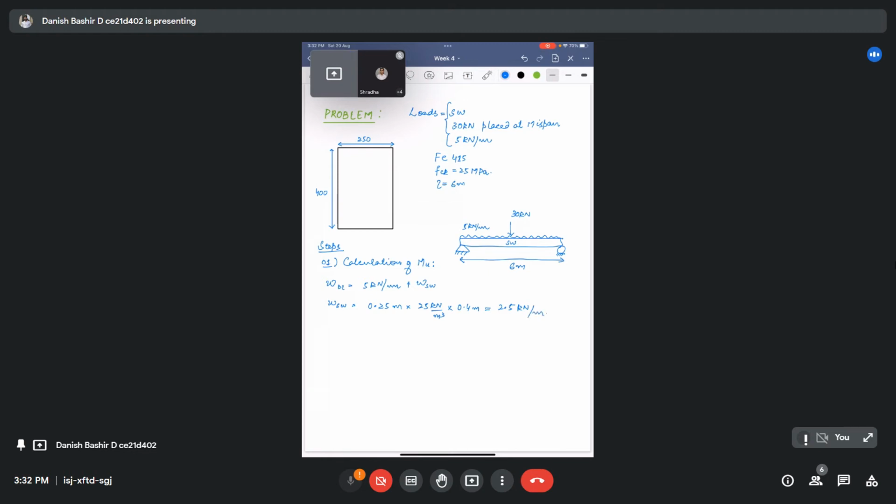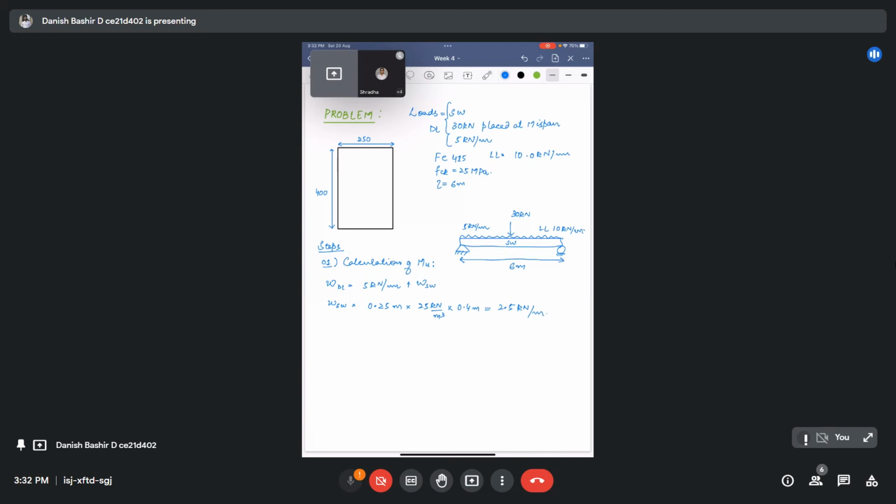These all were dead loads. Live loads are also acting on it: a live load of 10 kilonewton per meter.